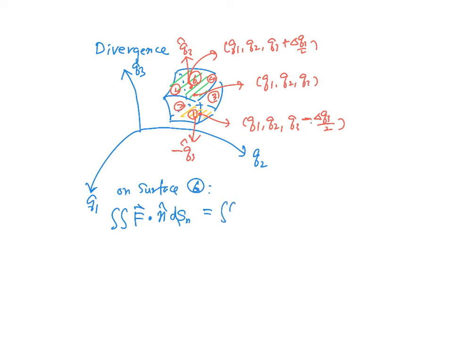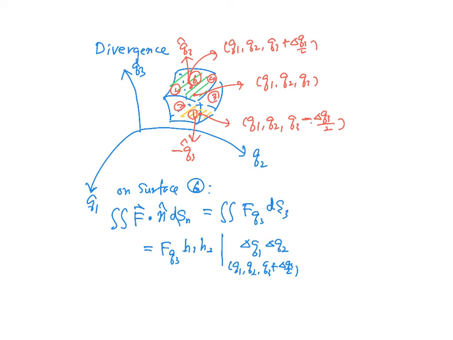So this is actually F Q3 dS3. And using mean value theorem, it can be expanded as F Q3 multiplied by H1, H2, evaluated at Q1, Q2, Q3 plus delta Q3 over 2, and delta Q1, delta Q2.